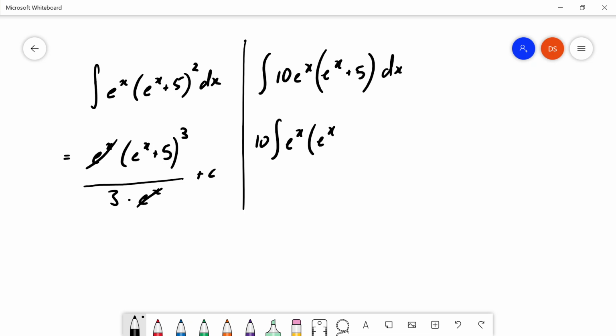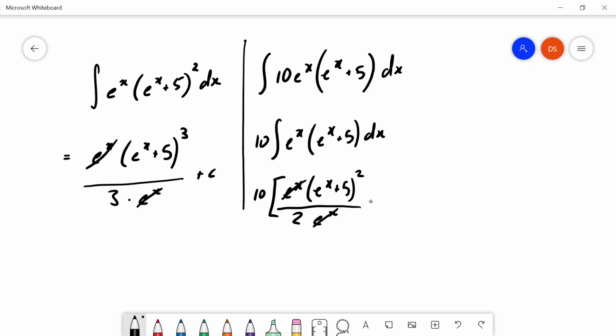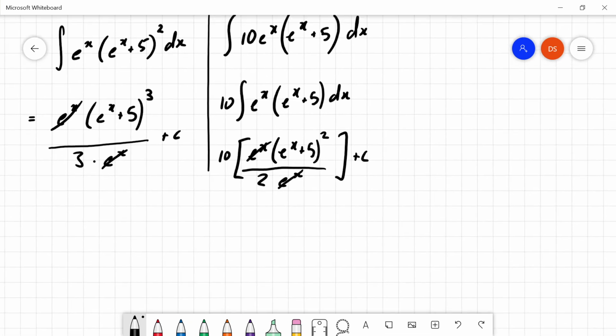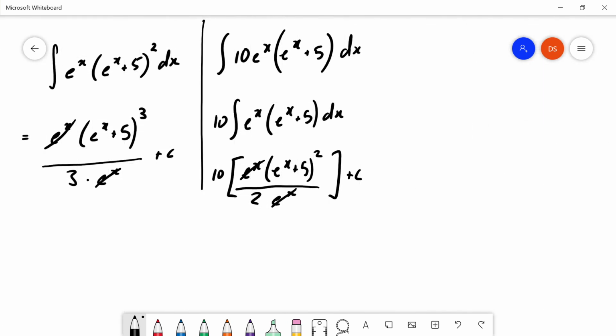And so I can take this and add 1 to the power, divide by the new power, divide by the derivative of the inside, plus c. And that works just as well. And if you were to expand, you would notice the same thing.